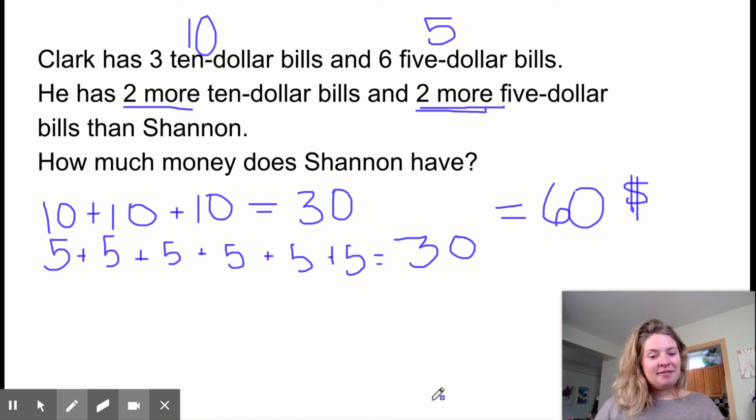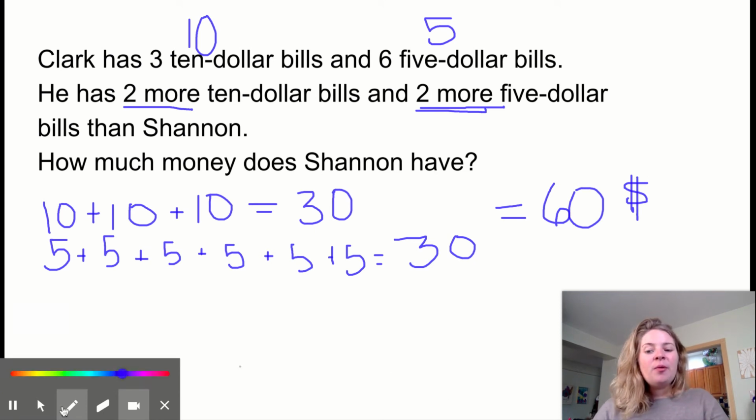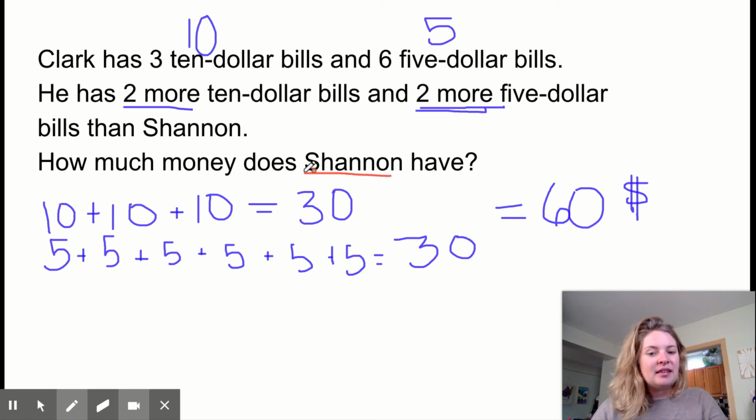We know that. Now we need to find out how much money Shannon has. Clark has more money than Shannon. He has 2 more $10 bills than she has.